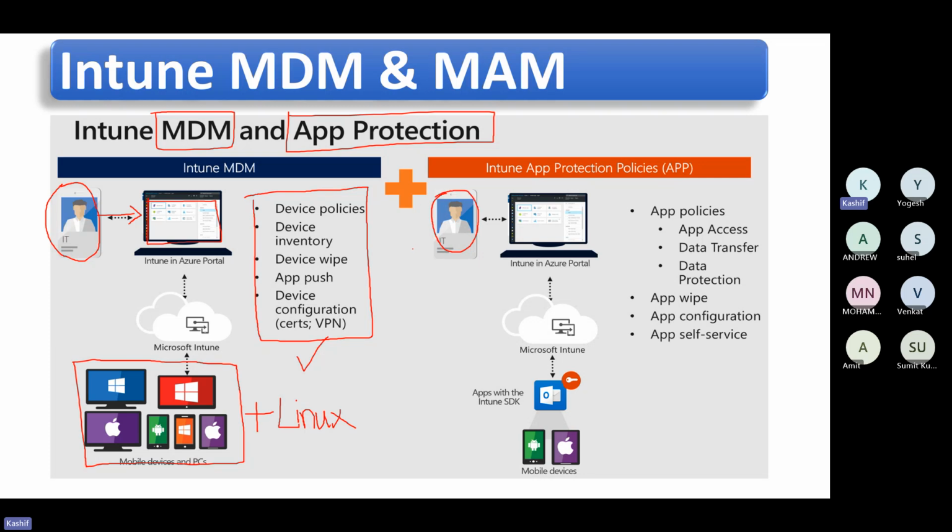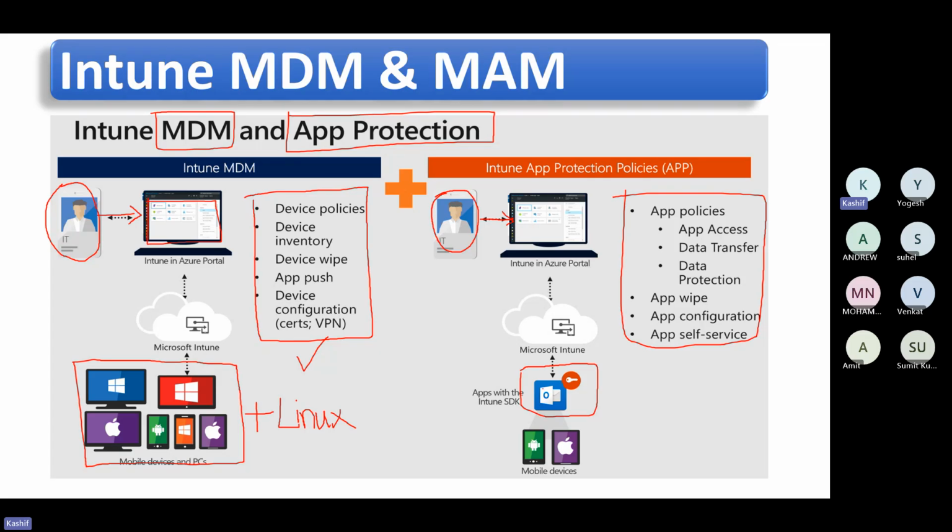So as an Intune administrator, on the Intune portal, you will be setting up policies for applications like application policies, app access, data transfer, data protection, app wipe, app configuration, app self-service. For example, Outlook. How will Outlook behave on the computer?